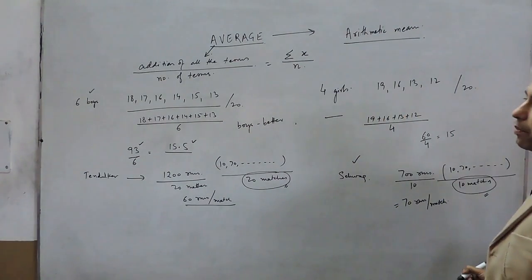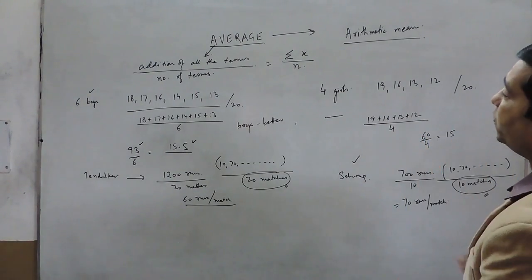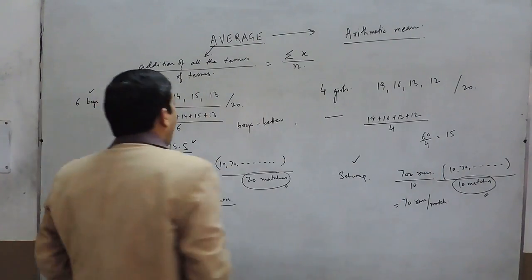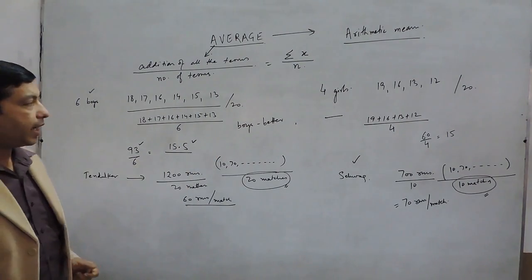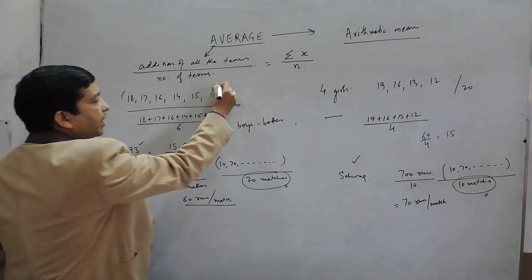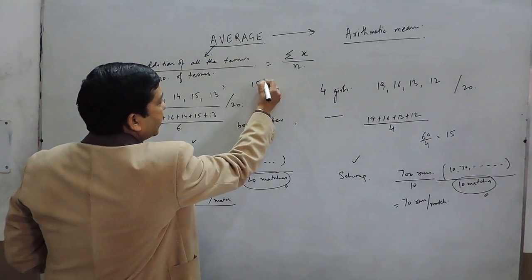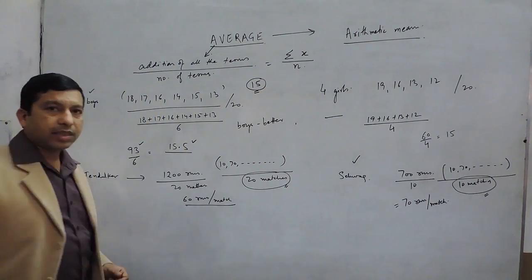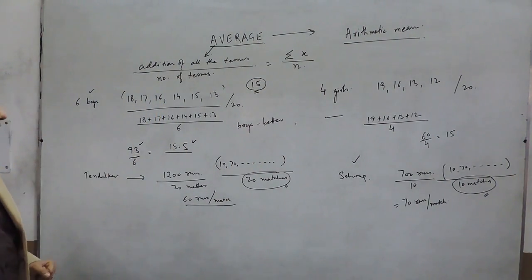When we are saying arithmetic mean, this can also be analyzed visually. Suppose out of these 6 terms, I take the average to be 15.